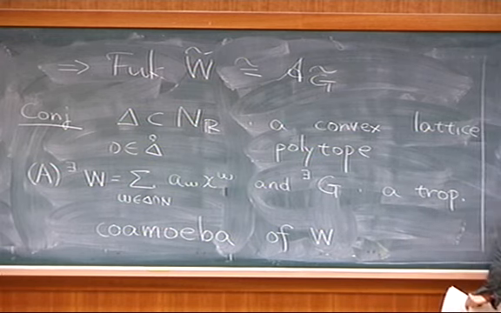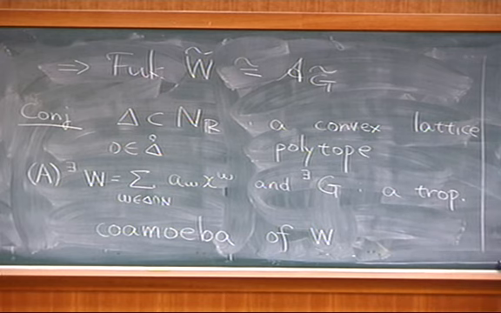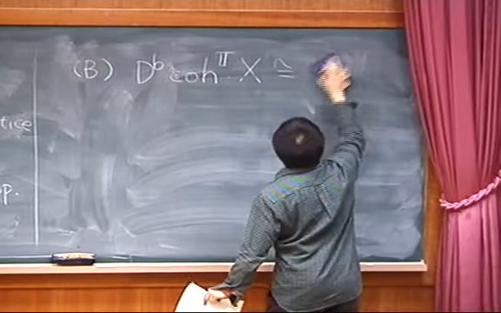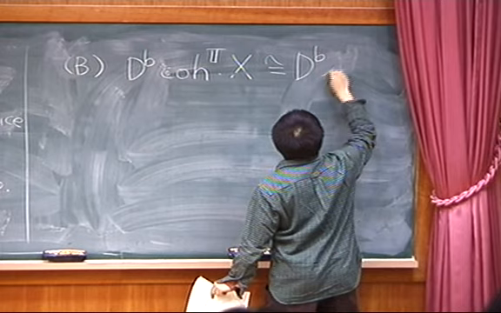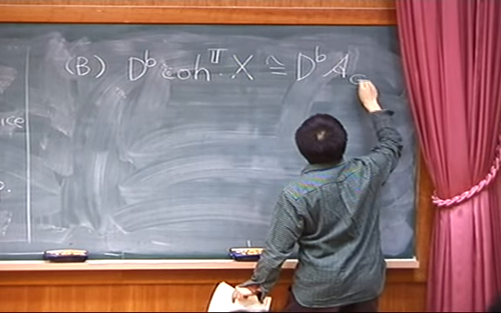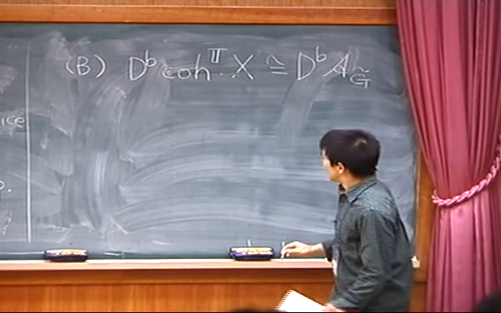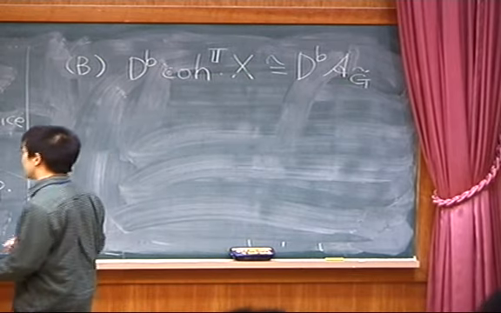So the derived category of P-equivariant coherent sheaves on X is equivalent to the derived category of the A infinity category associated with the pullback of G to the universal cover of the torus.